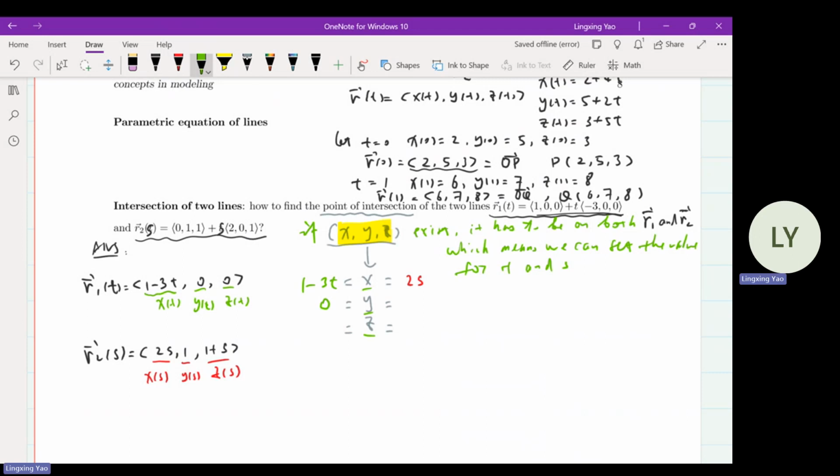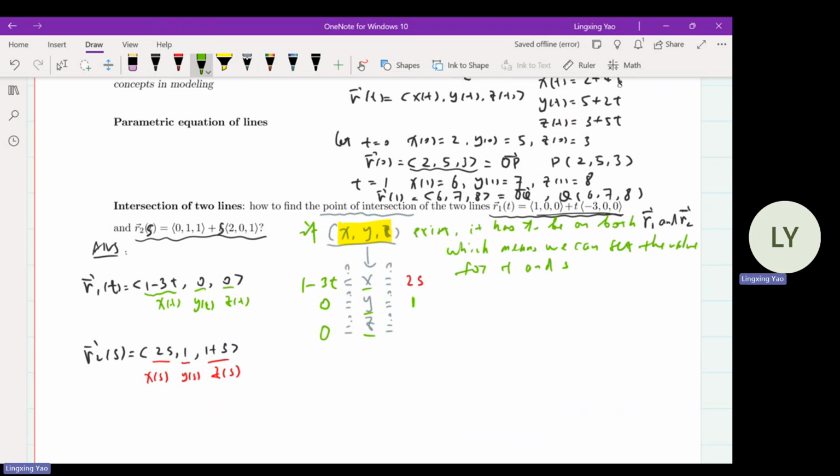And we need to also find y of s, which is 1. That is really strange. So we better have a question mark on each of those equal signs, otherwise we're in trouble.